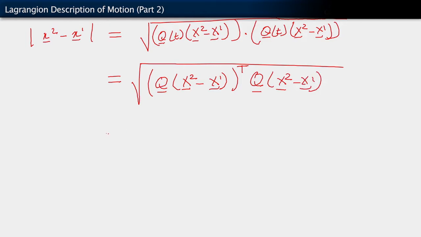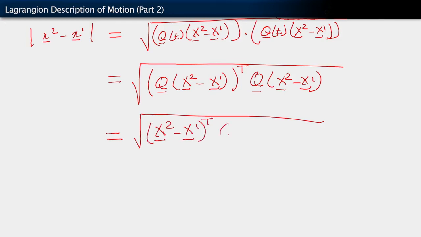Again, doing this in painful detail, what we get here is X2 minus X1 transpose, q transpose q, X2 minus X1.